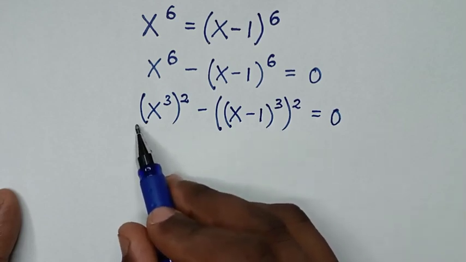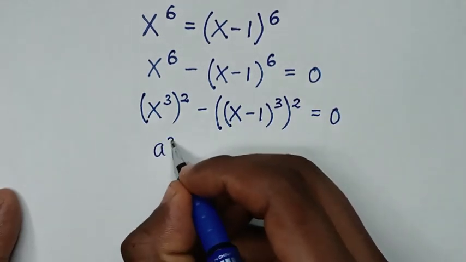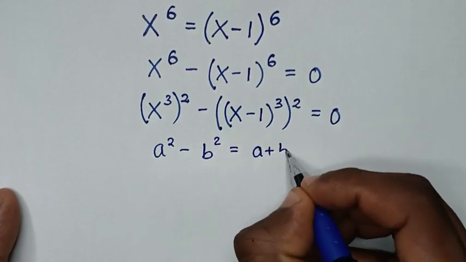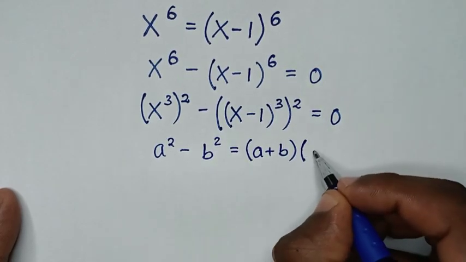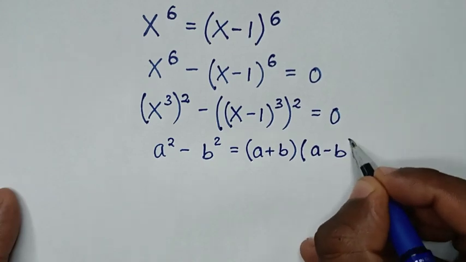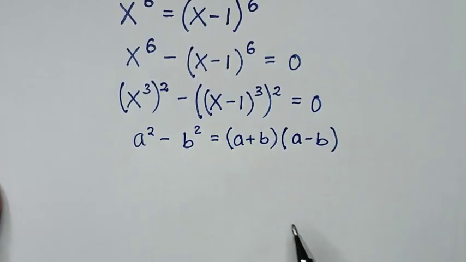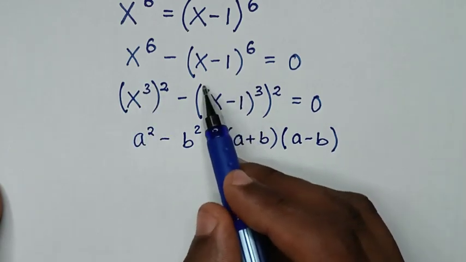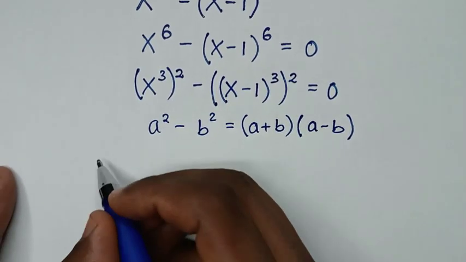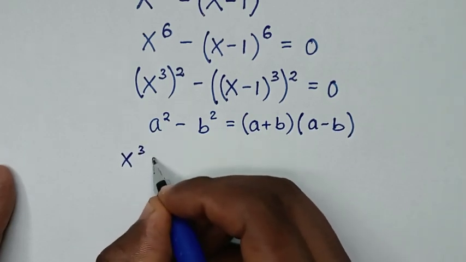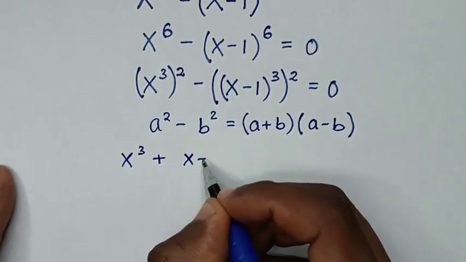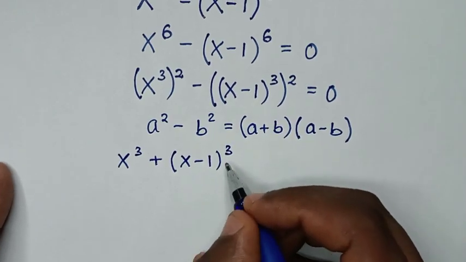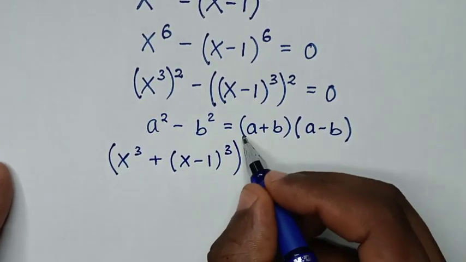So we'll apply the rule a^2 - b^2 = (a + b)(a - b). Then we'll apply this form of a plus b. It will be this inside the bracket plus this inside the bracket, which is x^3 + (x - 1)^3.